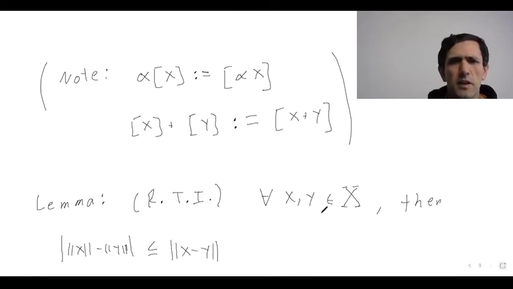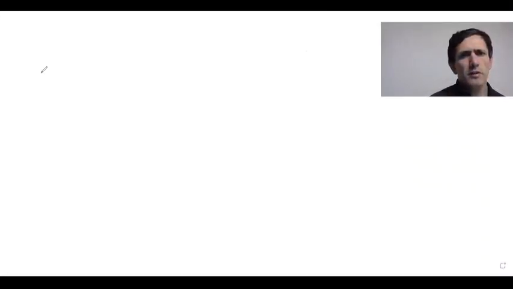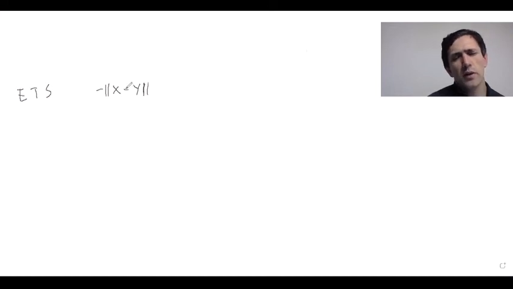Okay, so the proof is quite easy, and I claim that it's enough to show that the norm of x minus the norm of y is sandwiched between minus the norm of x minus y and the norm of x minus y.